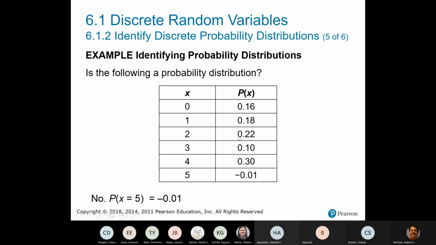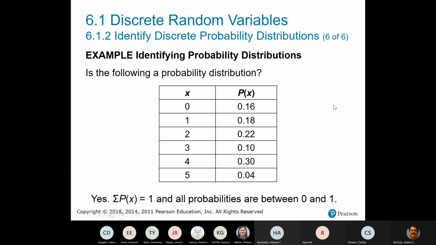What if I had 1.22 right here? 1.22 would not be correct because you can't have a whole number greater than 1 or less than 0. Actually, you can't have any number less than 0, and you can't have any number above 1. So the answer would be no.